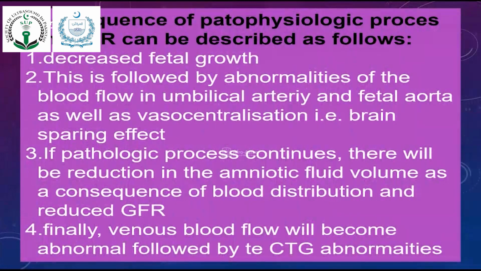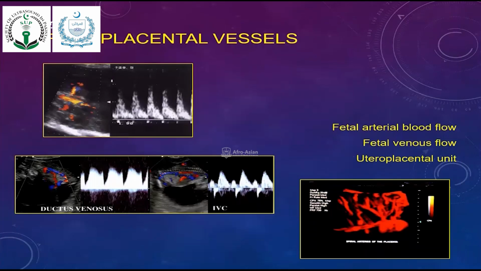Then the next step, if the pathologic process continues, is reduction in the amniotic fluid volume as a consequence of blood redistribution and reduced GFR. Finally, venous blood flow will become abnormal, followed by the CTG abnormalities.